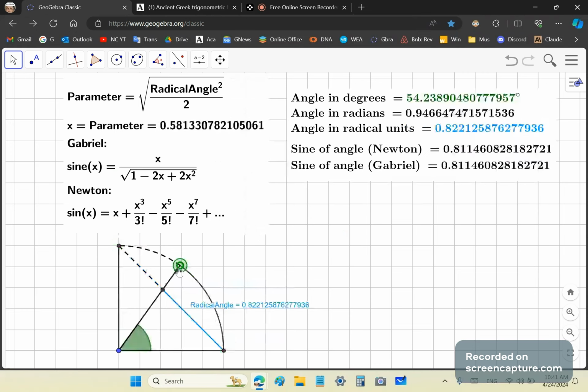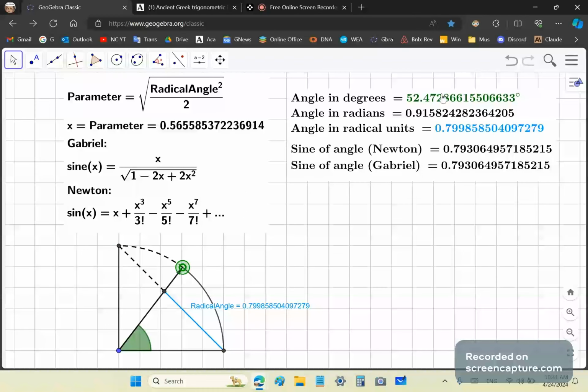Normally, in your mainstream mathematics, you can work with degrees or radians. That's okay. But there's a much easier way to do trigonometry, and that's using radical units. So, what are radical units? What is the difference between a radical unit angle and a degree or radian angle? Very simple.